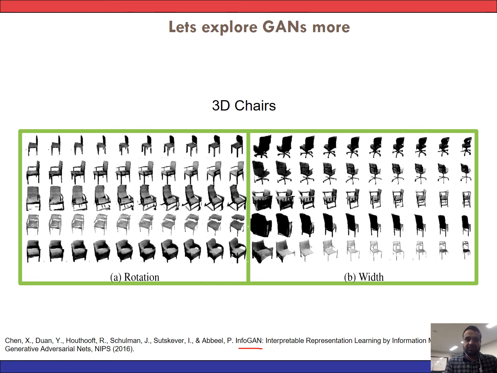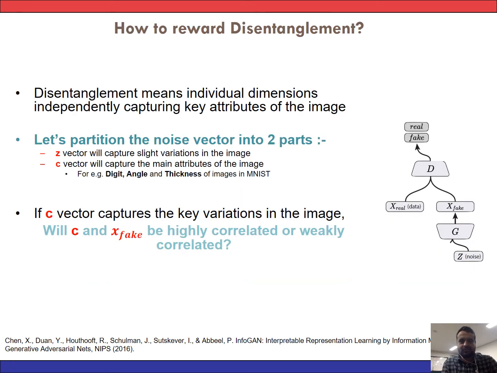Like in this example, the generative adversarial network can learn the rotation with a specific dimension of the latent space, and some other dimension will learn the width of the chair, and there may be multiple features that we can dedicate, depending on what we need to learn in this input data.